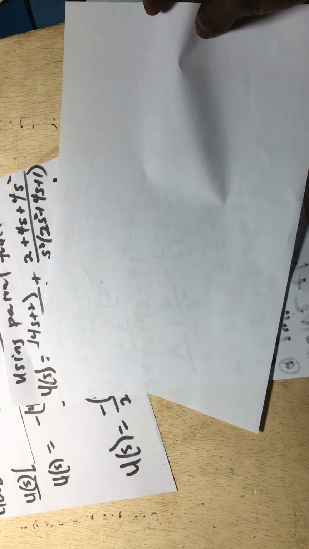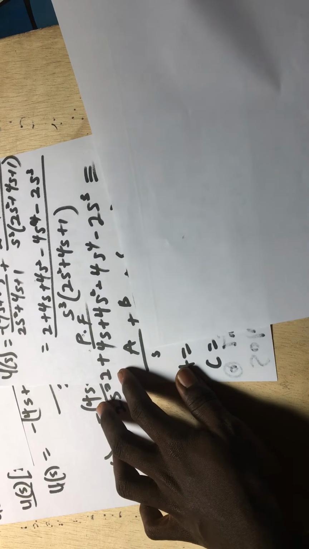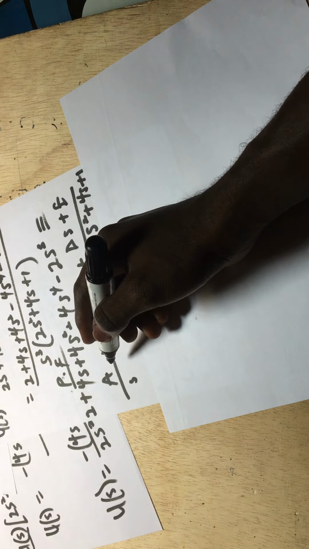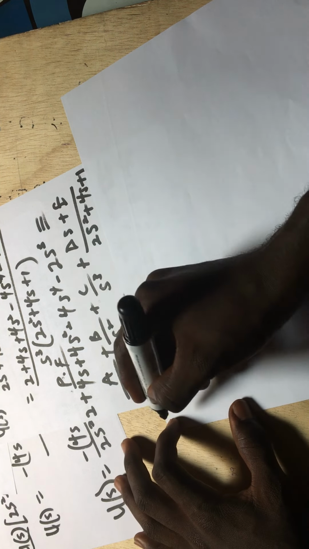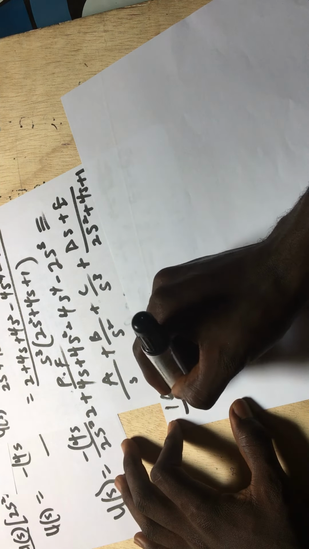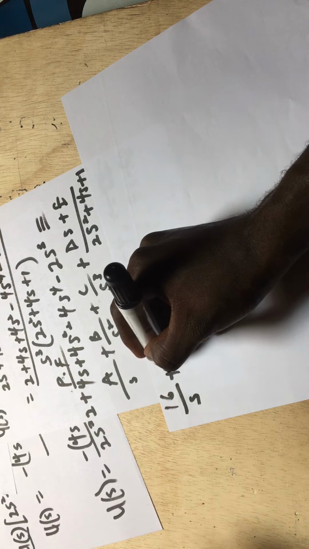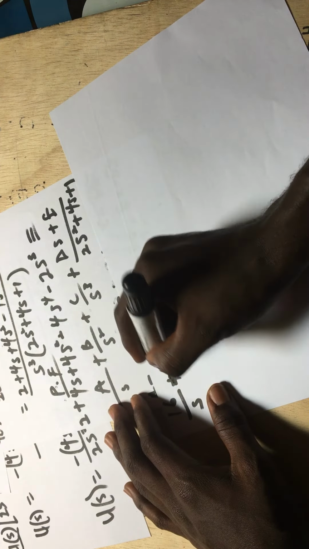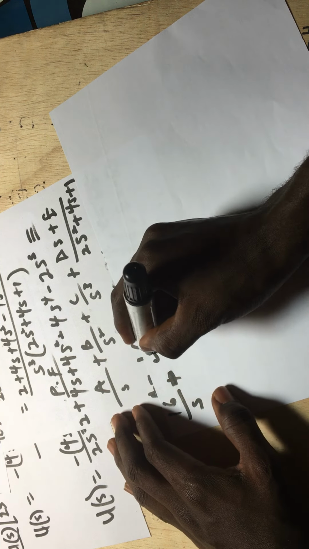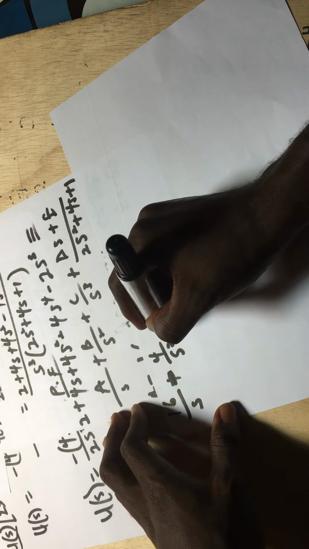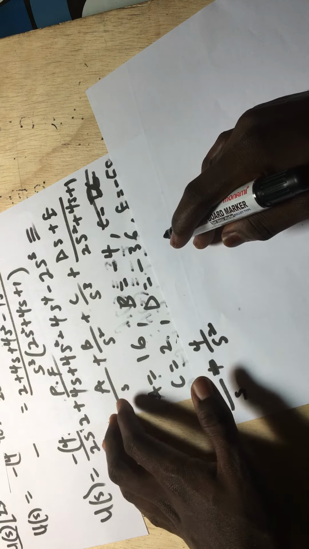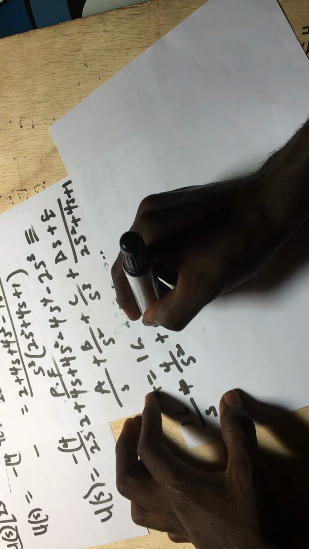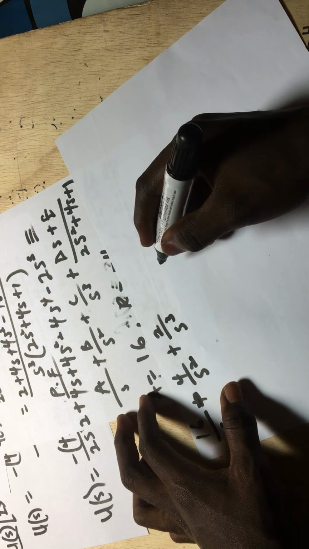So when we do that, you know our A is 16. So we are getting 16 over s plus, our B is negative 4, so I will get negative 4 all over s squared. Are you getting it? And our C is 2, so plus 2 all over s cubed.